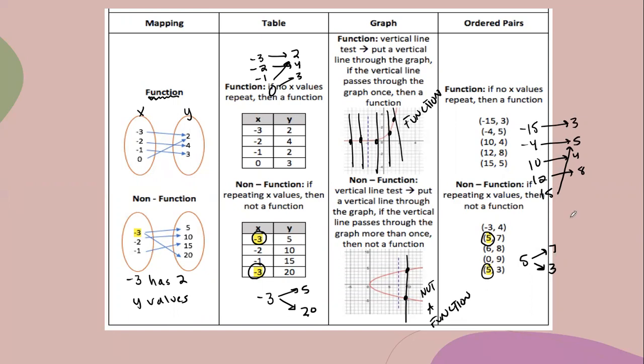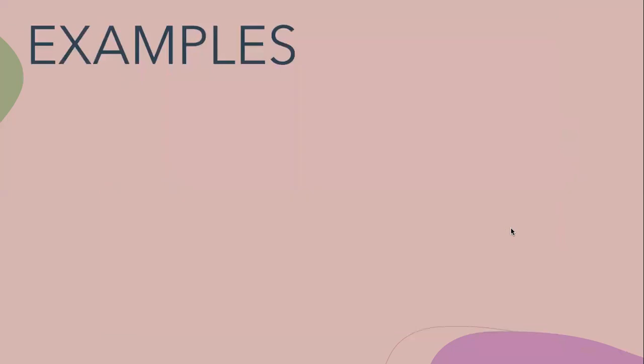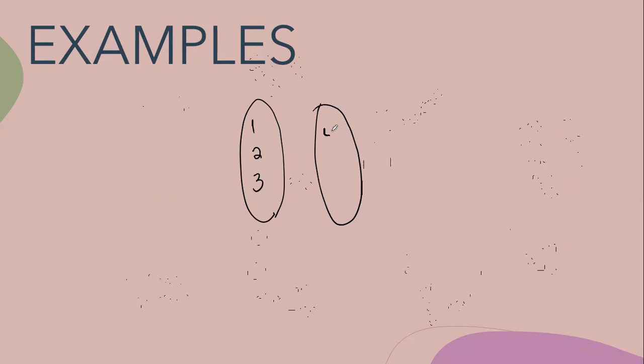Okay. Any other questions? Zoomies? Questions? Okay. One last thing, and then I'm done. Let's do quick examples. I need everyone to type in the chat, private chat me if this is a function or not.